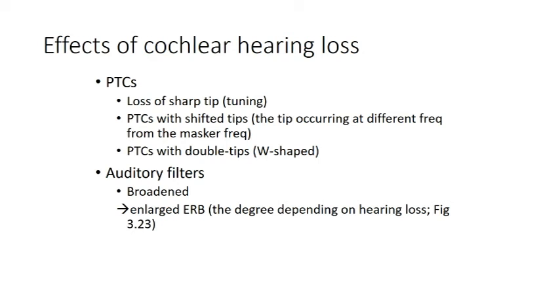So we are able to focus on specific auditory filters and try to ignore others. But as the auditory filter gets broadened, that segregation of components based on auditory filters is not going to work as effectively.